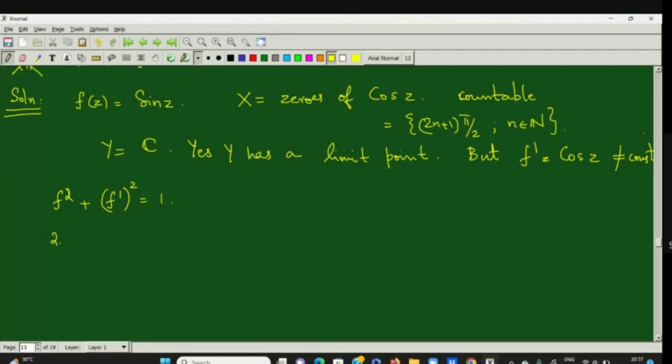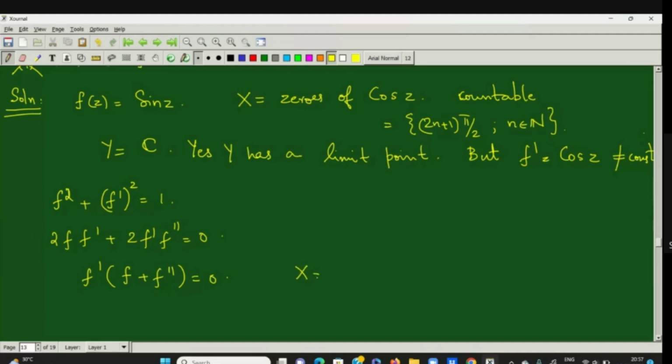Differentiating, we have 2f f dash plus 2f dash f double dash is 0. That is f dash into f plus f double dash is 0. So either f dash is 0 at something or f plus f double dash is 0 at something.